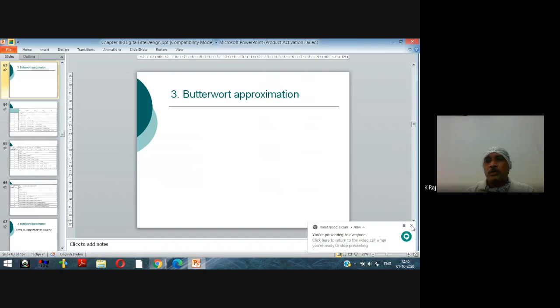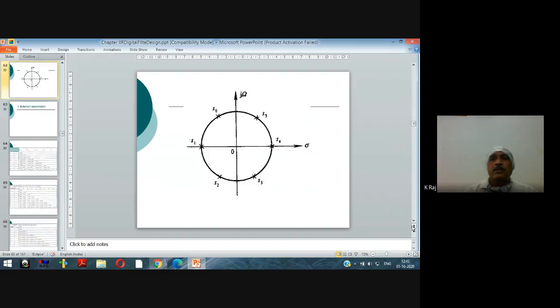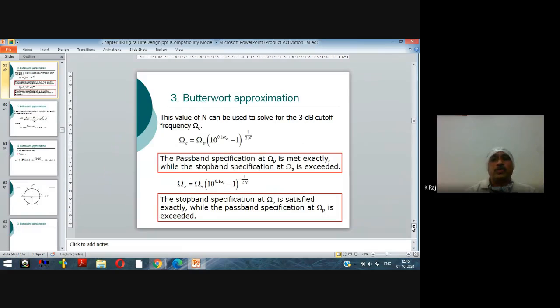If you want to calculate omega c, we have used two formulas. One depends upon omega p, and the second depends upon omega s. If we have omega p and alpha p, we can use the first one, and if we have omega s and alpha s, we can use the second.